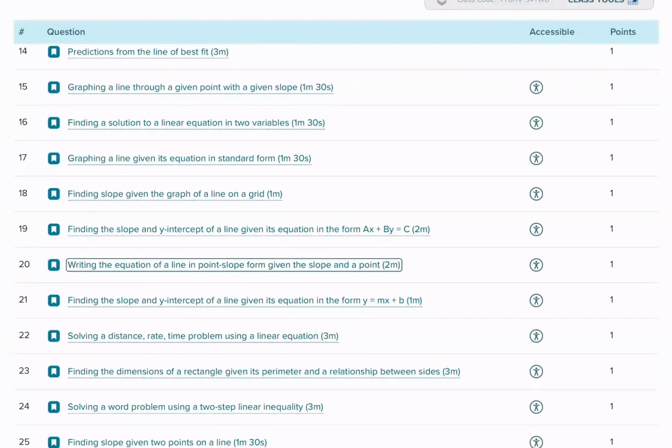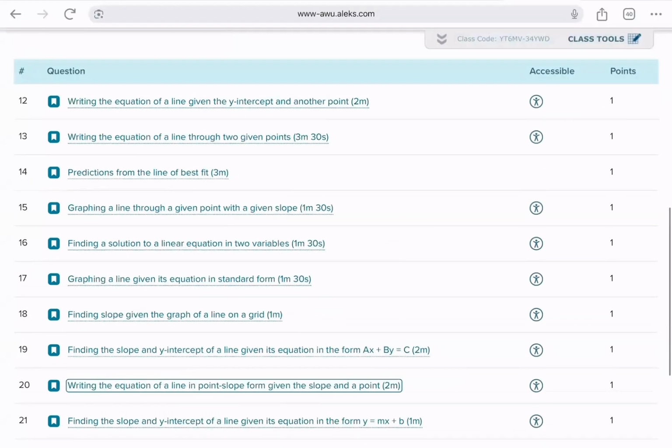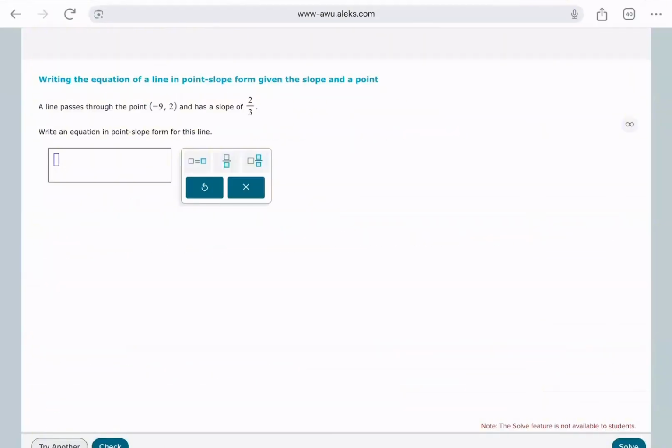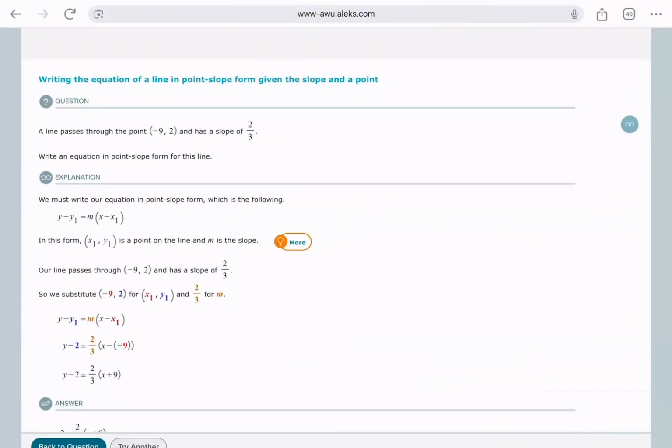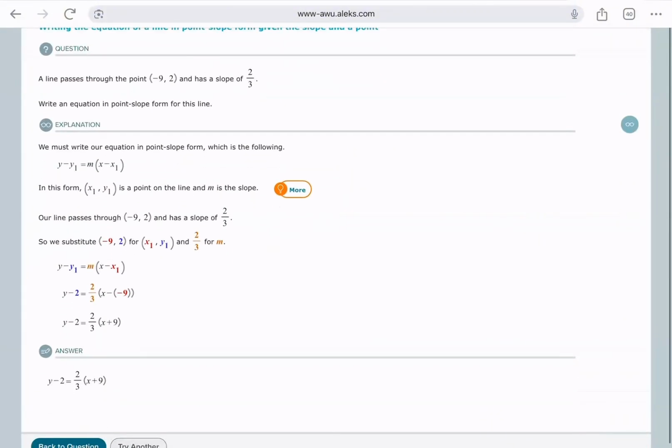Standard form. Okay, so writing the equation of a line. So this one is point slope form. That one might be a little challenging, but again, just do more problems in that section.